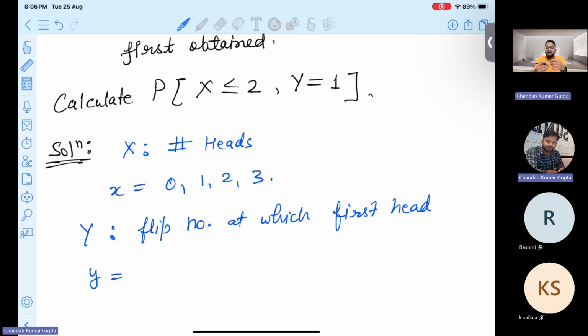It may be possible that on the first flip we get head, or on the second flip, or on the third, and it is also possible that there is no head at all. So that means 0, 1, 2, 3.